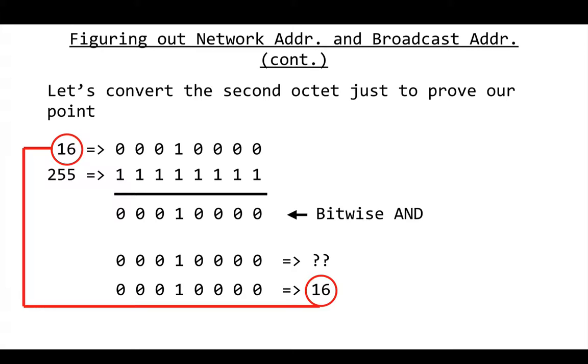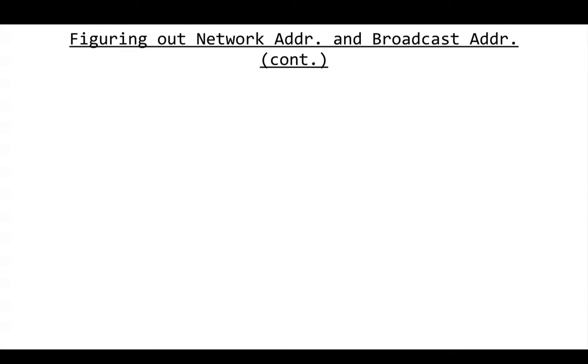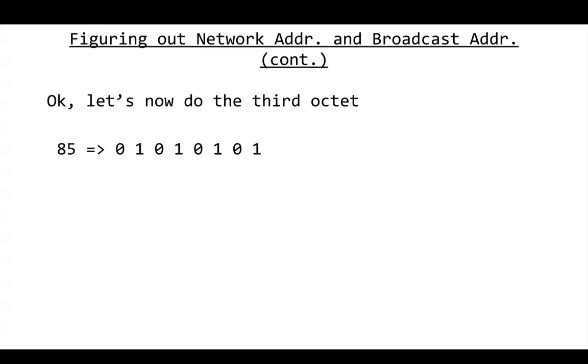So now that we've gone through that, let's look at the one we care about, which is the third octet. In the third octet, in the IP address, we had 85. What's shown here is the binary representation of 85. In the subnet mask, we had 240. Here's the binary representation of 240.